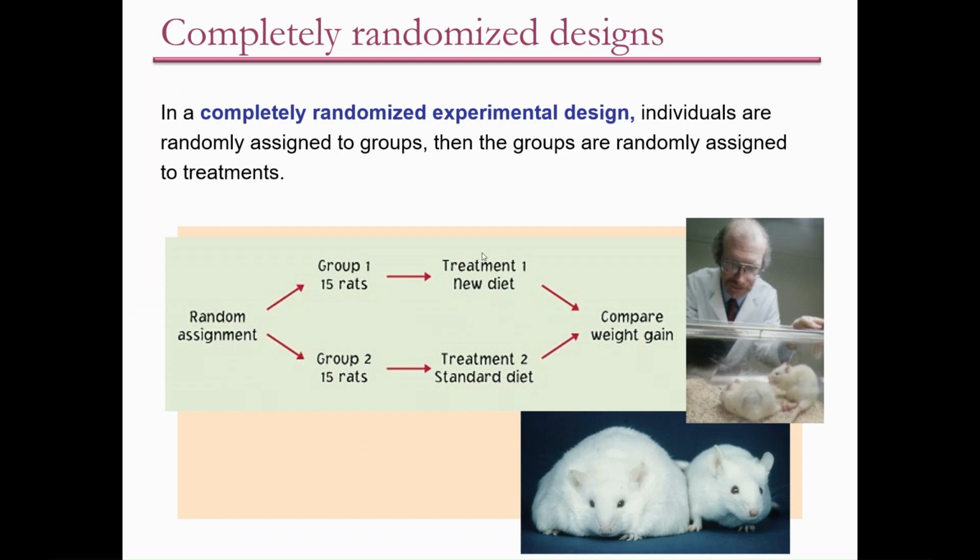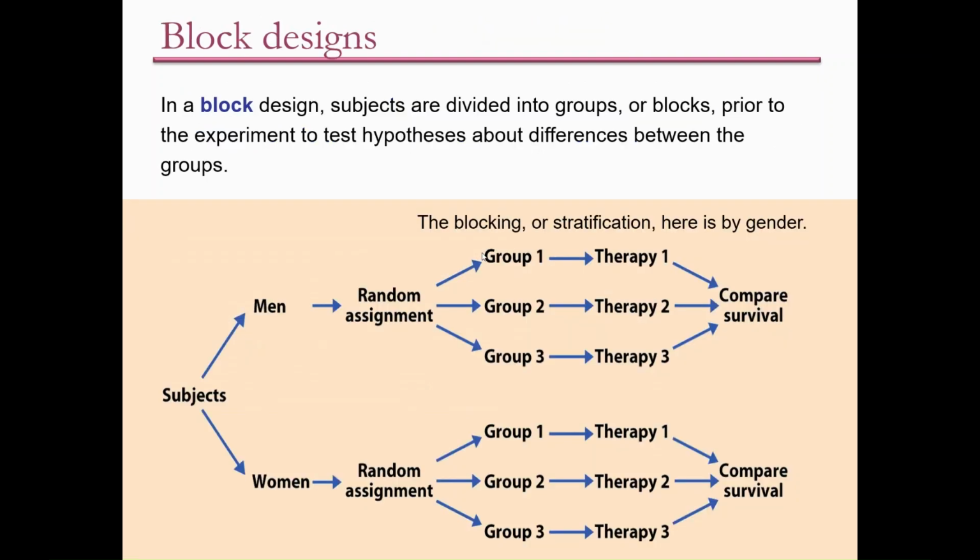Okay? Now, when we're maybe talking about heart health or heart disease in humans, it might be a good idea to use something that we call a block design. So we maybe have 2 groups, or maybe more than 2 groups, that have some similarity, and we want to kind of study these groups separately.